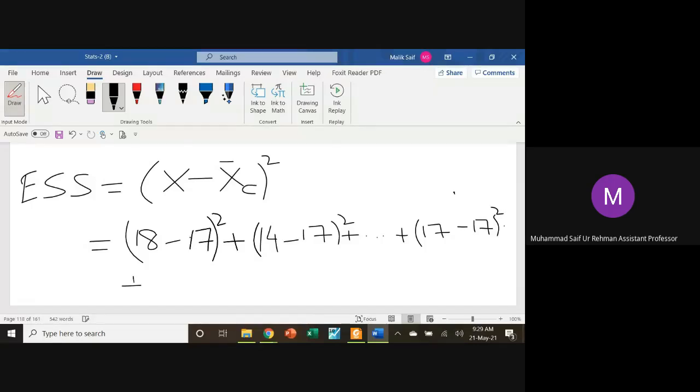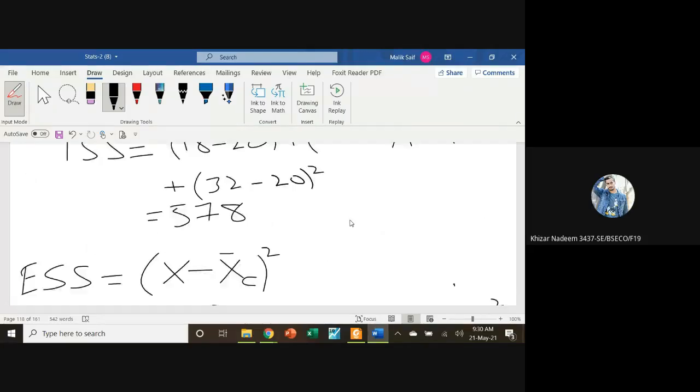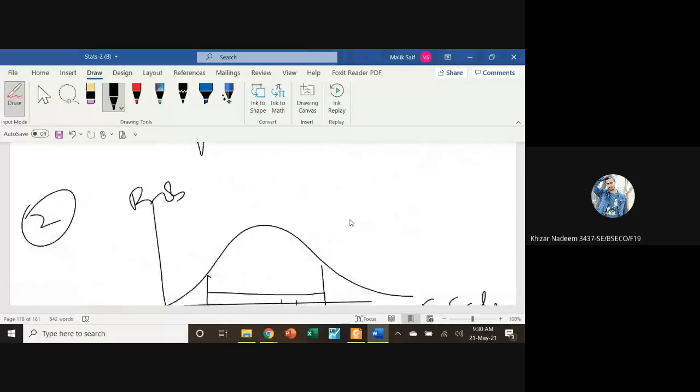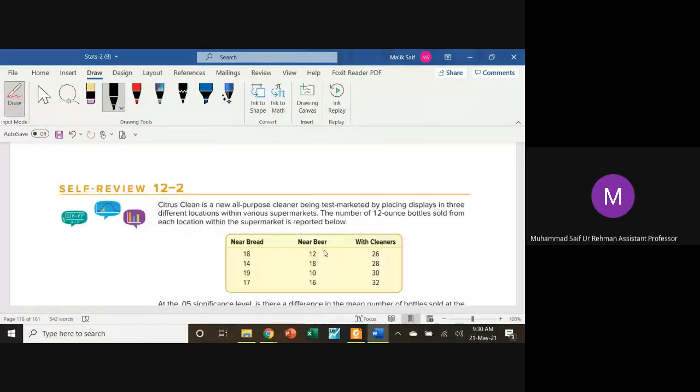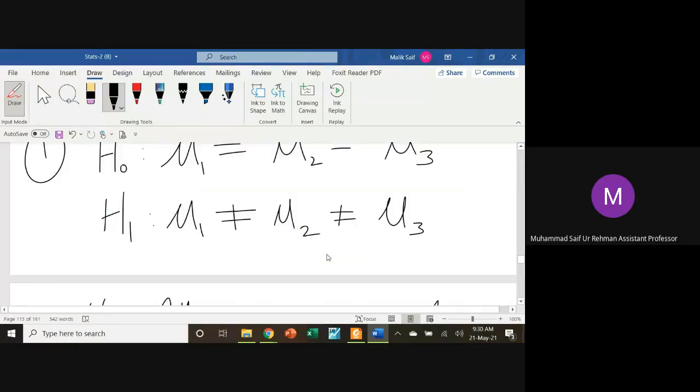Then plus, you have to consider the second column. So you have to add these values: 12 plus 18 plus 10 plus 16 divided by 4. See what is the answer. Sir, the mean of the second column is 14. Okay, so you have to subtract 14 from these values one by one.